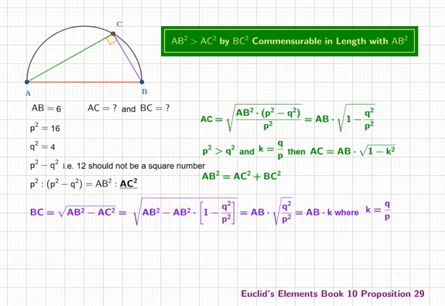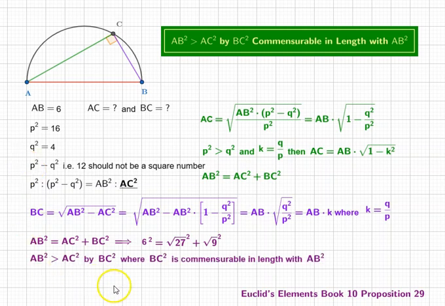So now AB square is equal to AC square plus BC square. And if we use the values that we have arrived at, it comes to 6 square is equal to square root of 27 square plus square root of 9 square. Square root of 9 can be written as 3 also.